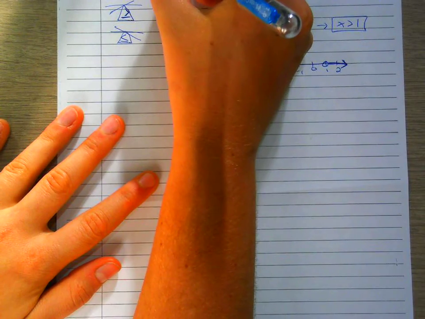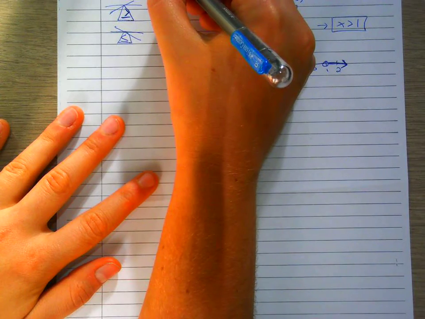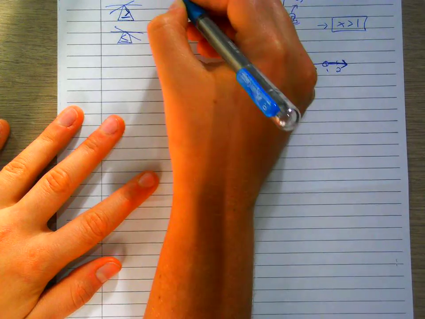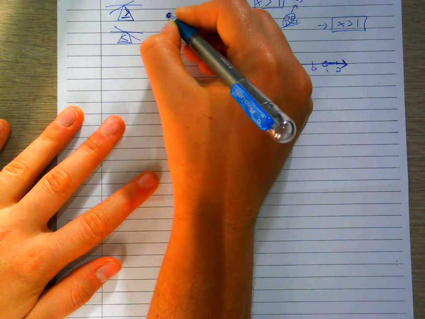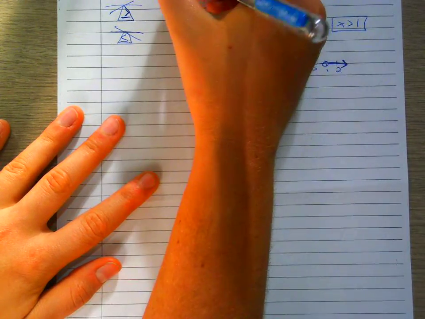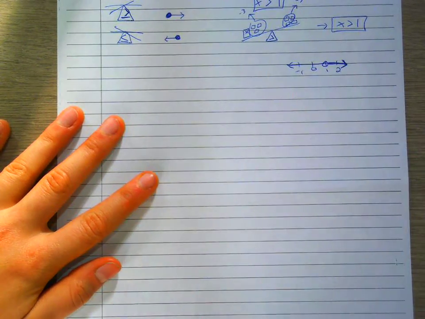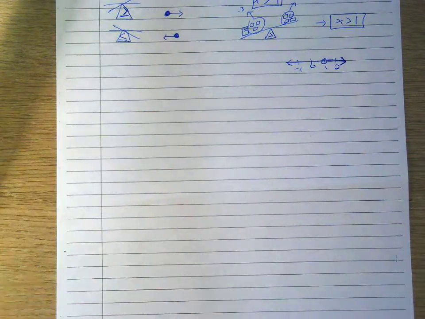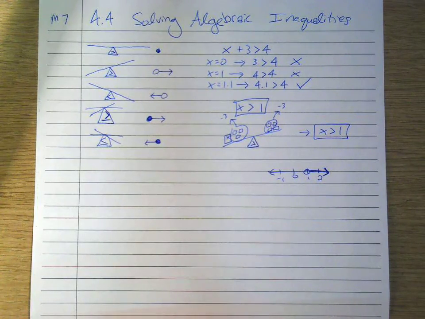Alright, so equals is just a dot. Greater than means that it is like that. Less than is like this. Greater than or equal to, think of it as a combination of these two. And that's how you write it.